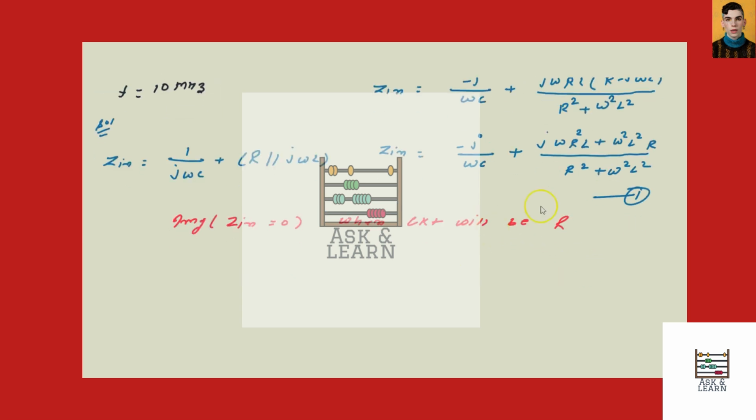So we put the imaginary component of this function equal to 0. This is the imaginary part: minus 1 upon omega C plus omega R square L upon R square plus omega square L square, put equal to 0.